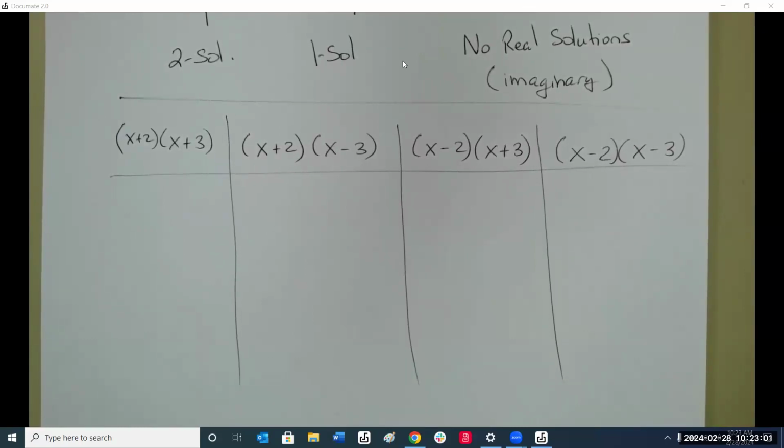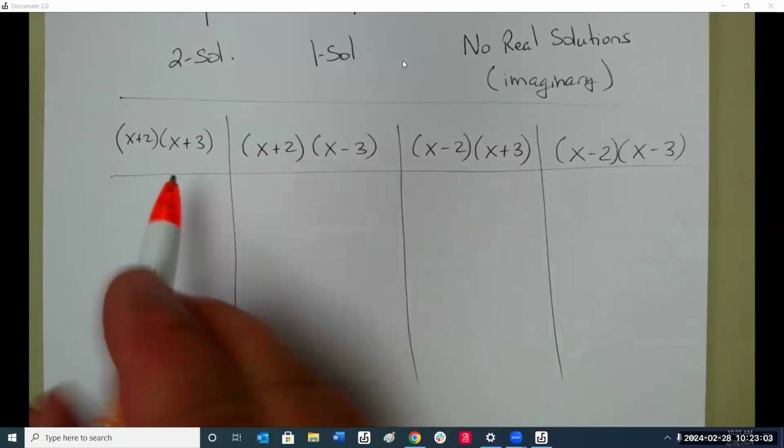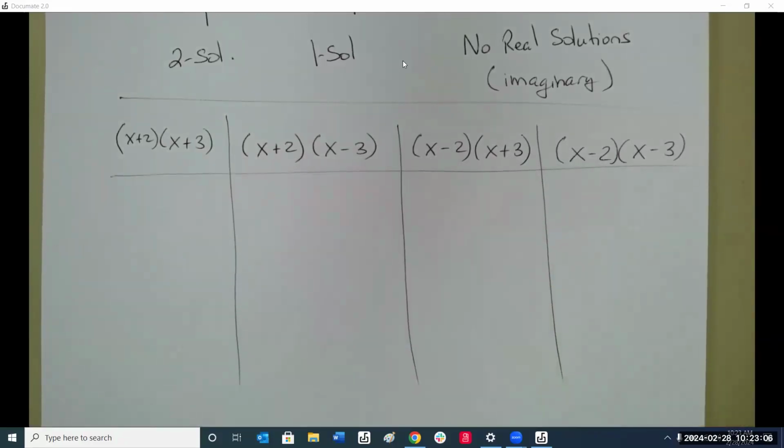Multiply those numbers together. Each pair of these. Remember how to do that? So go ahead and do that. FOIL those.